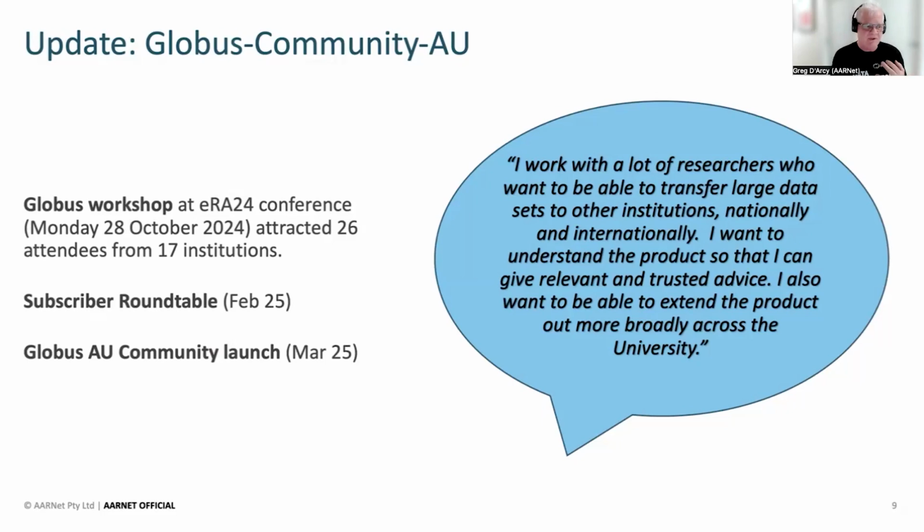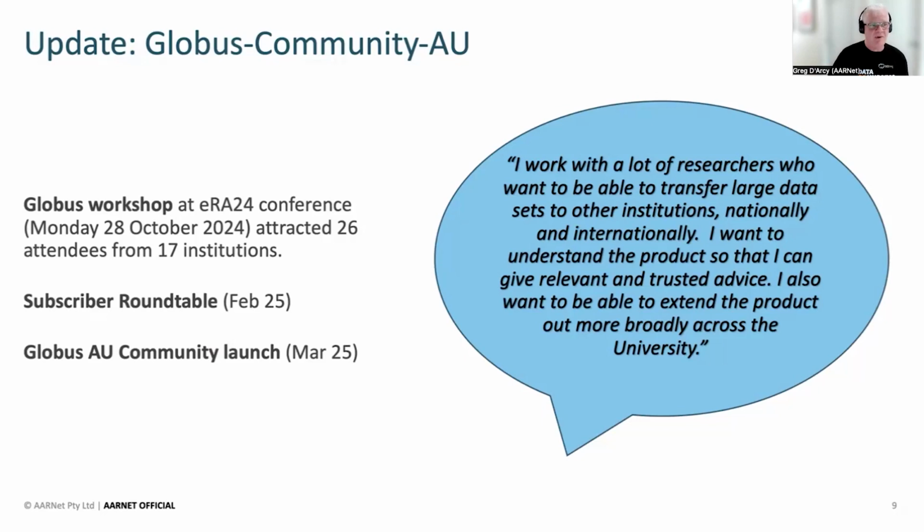We had people responsible for data governance, we had systems admins, we had quite a spread, but basically people who want to support their institution and their researchers, and to get a better understanding of Globus and its potential so they can pass that advice on to their own researchers. What's coming up next year?